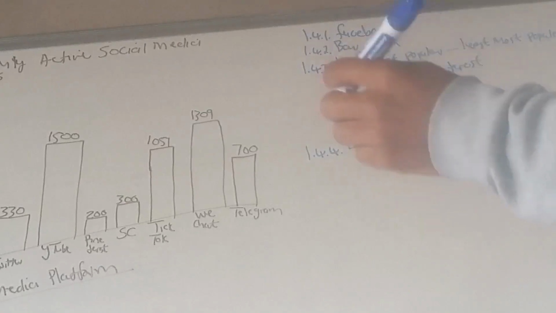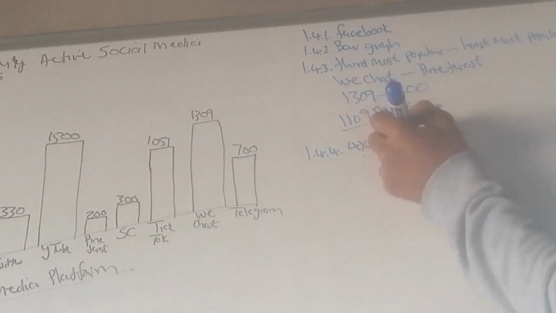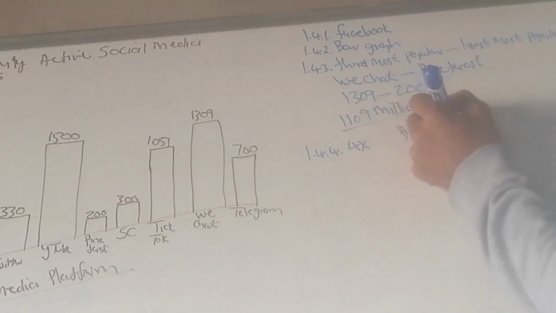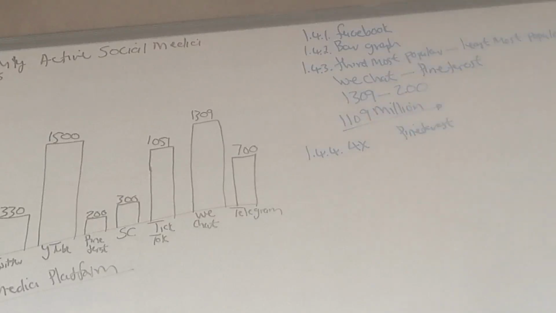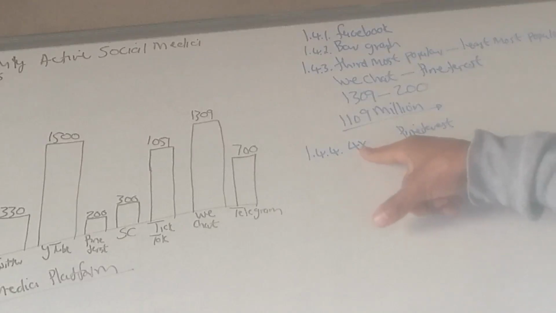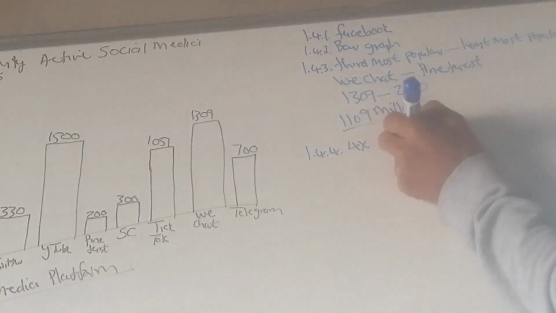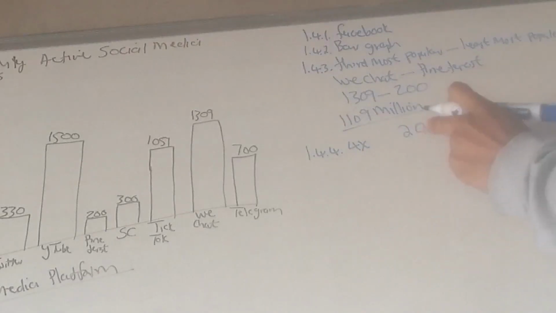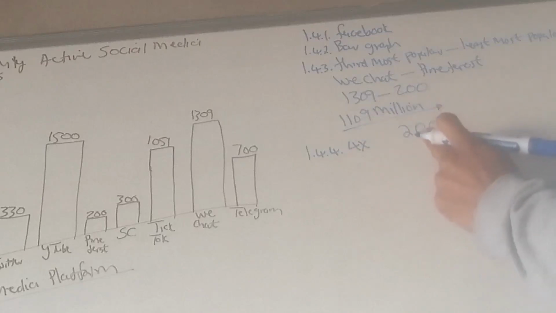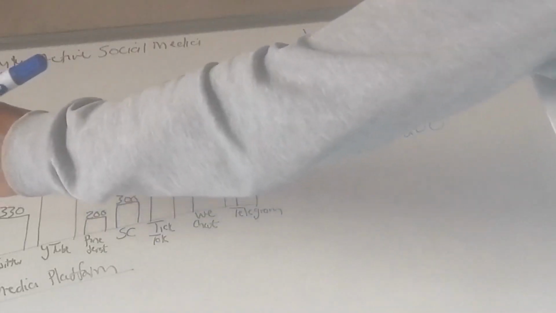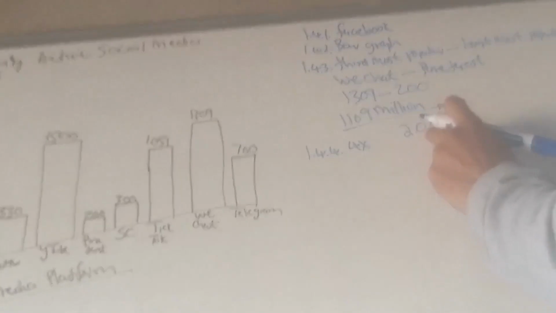So I know the least would be Pinterest. So Pinterest is the least. I'm looking for a social media platform that has 4 times the value of this. I know that this is 200. What is a value that is 4 times 200? That should be 800, because 800 is 4 times 200.